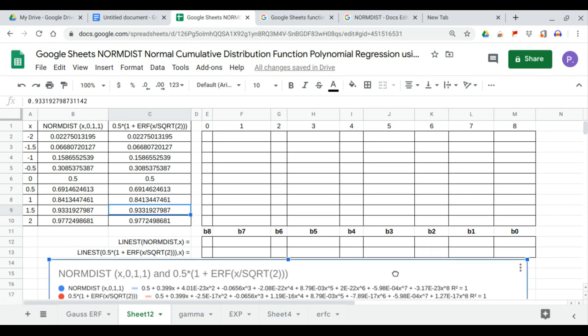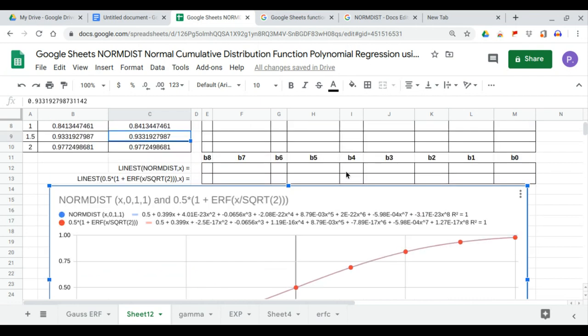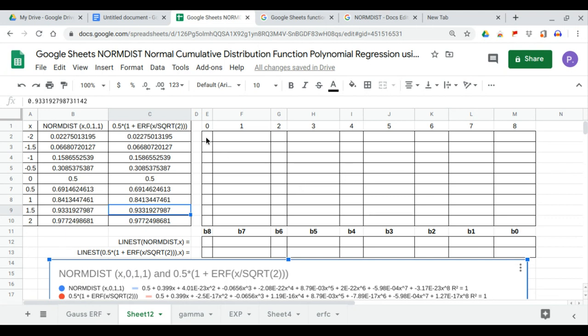And we'll calculate the values of the regression coefficients B0, B1, B2, B3, B4, B5, B6, B7 to B8, because we have 8. We have a population of 8 here. So we will regress it without degree of freedom.